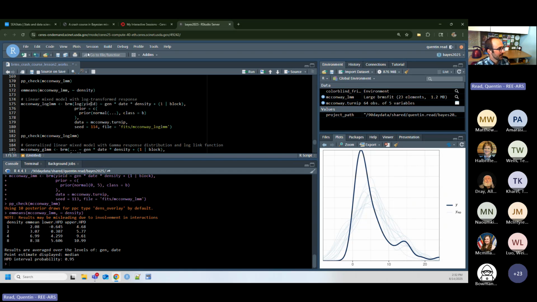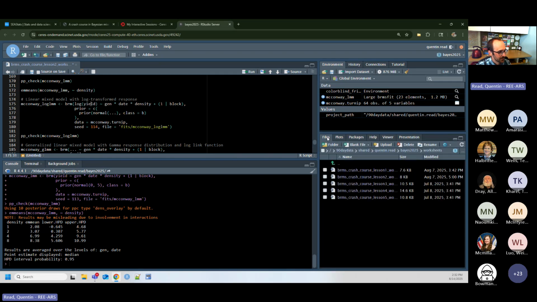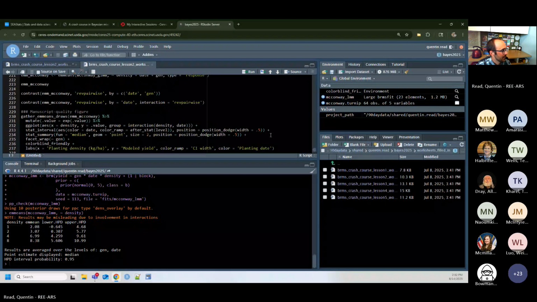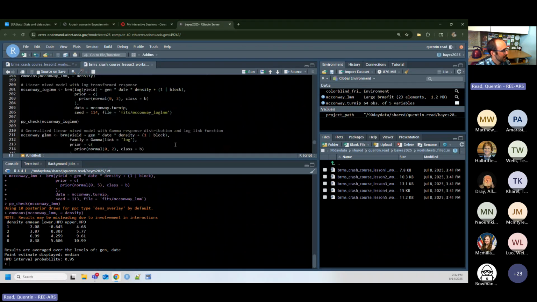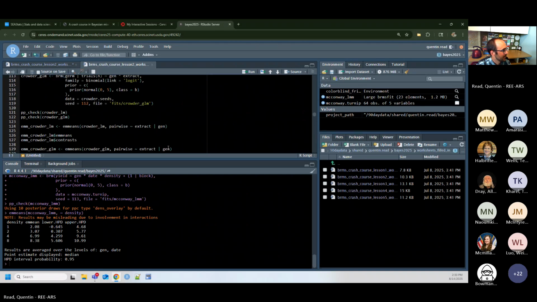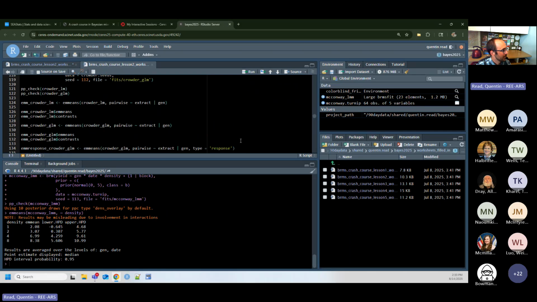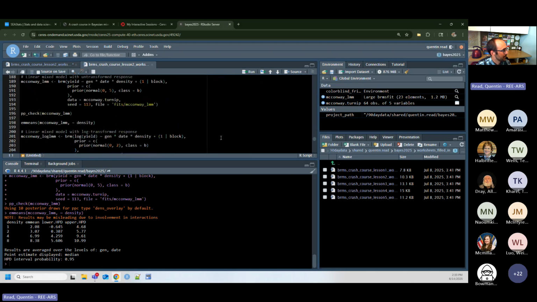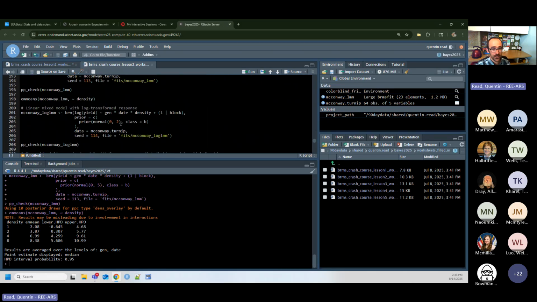I cannot remember what prior I put on there, so I'll go into my worksheets already filled in and take a look at that. Oh, whoops, we've already passed that part. Yes, so we're going to use a prior with a mean of 0.